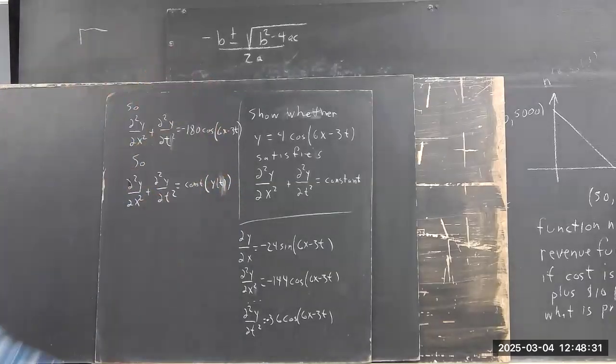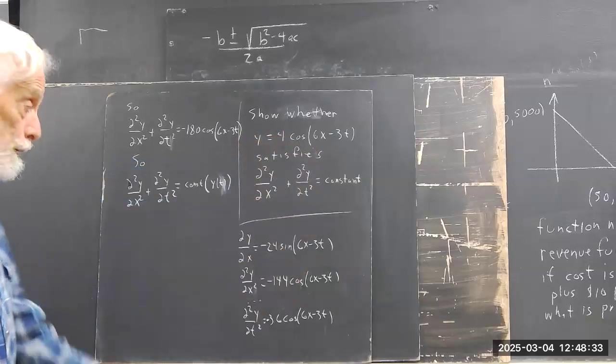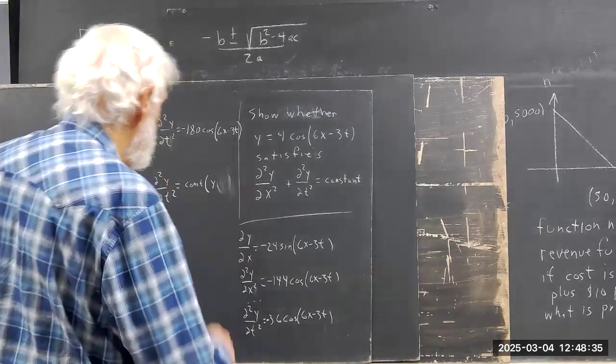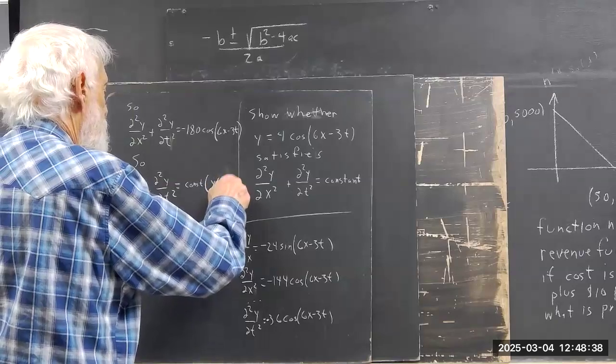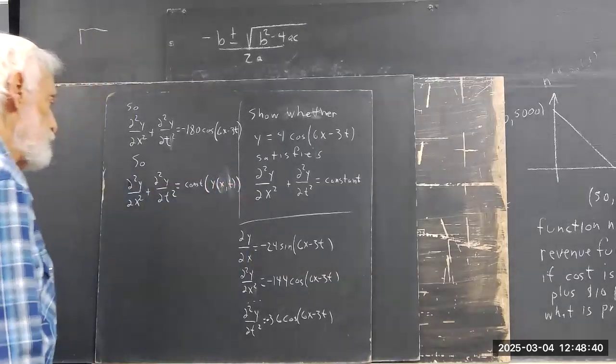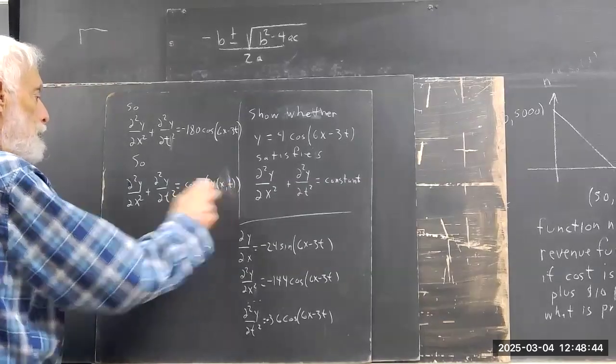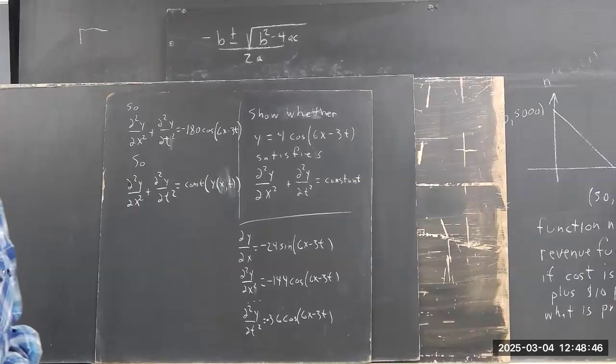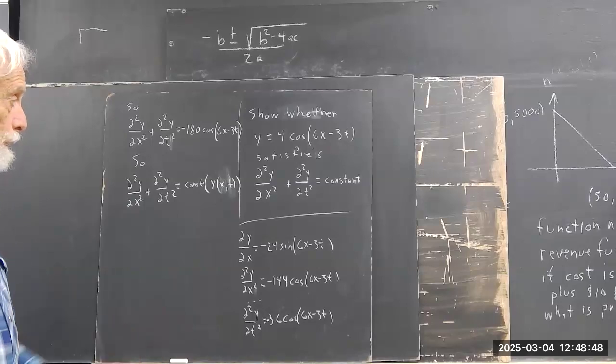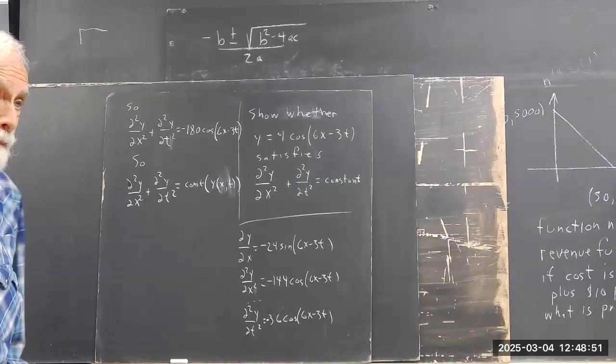It's a constant multiplied by your y of x, t function. And that might be significant, and it might not.